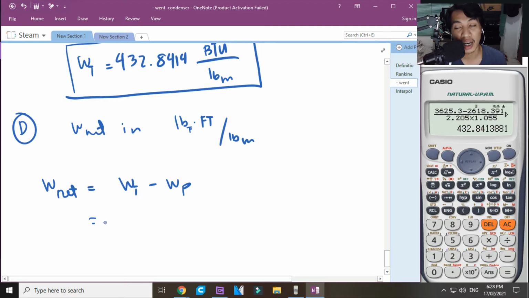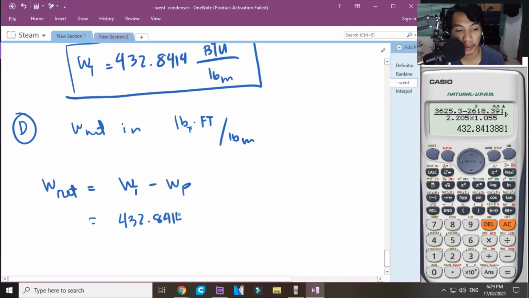Pero pagdating sa atin, since this is ideal and academic calculations, kailangan idinadagdag mo pa rin yung pump. Pero pagdating ng board exam, for estimation, hindi naman kailangan masyadong sakto yung value mo, pwede mo i-neglect yung power ng pump.